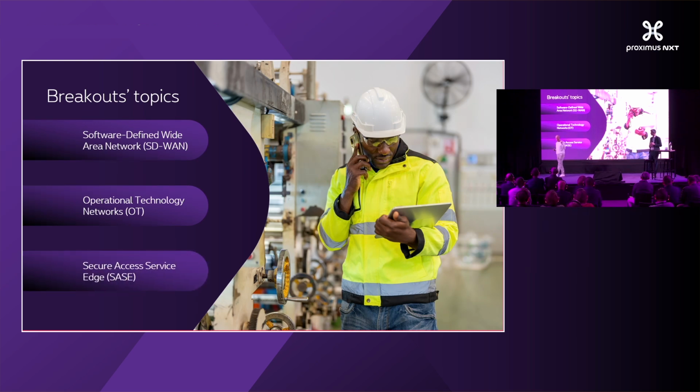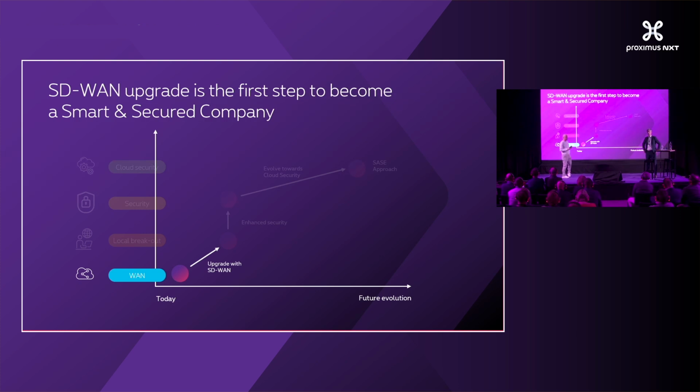And of course, the big buzzword, secure access service edge, SASE. SASE is like the security guard for the internet. SASE keeps your data safe between your users and your applications, no matter where they are. SASE is the future evolution of the network, but SD-WAN has a big part in SASE.